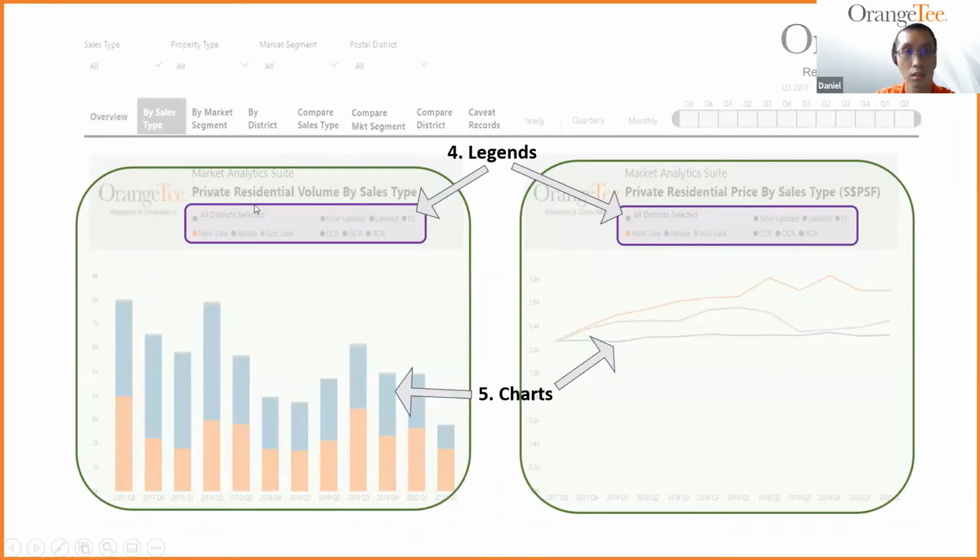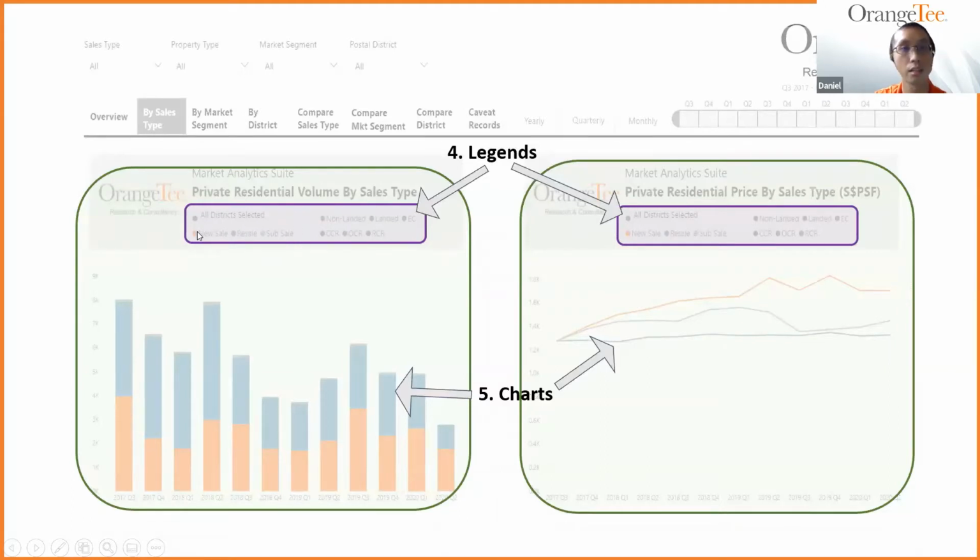Next, we go into our legends and charts. Our legends, as you can see here, give users a glance at what selections they have in the filter. In the event that the user selects, for example, new sale, it will be reflected in this legend over here.